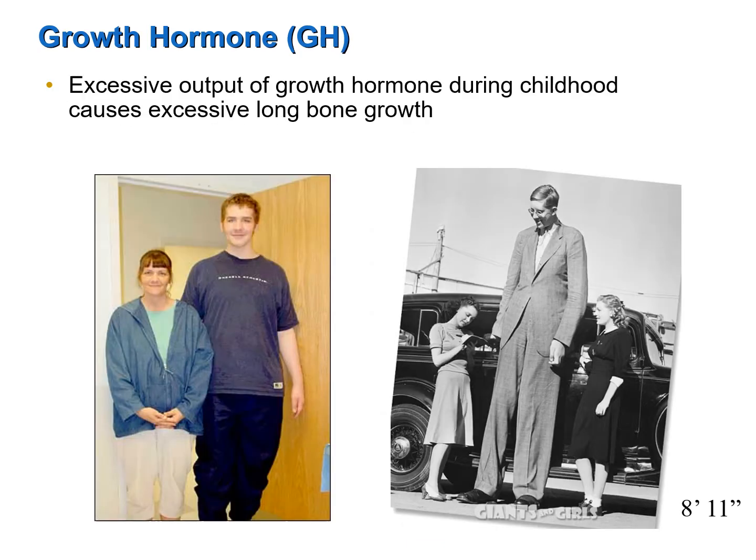I like to illustrate the effects of growth hormone by sharing some conditions that result from either hypersecretion or hyposecretion of growth hormone. In a juvenile that is still growing, excessive output or hypersecretion of hormone from the anterior pituitary gland results in a condition called gigantism.